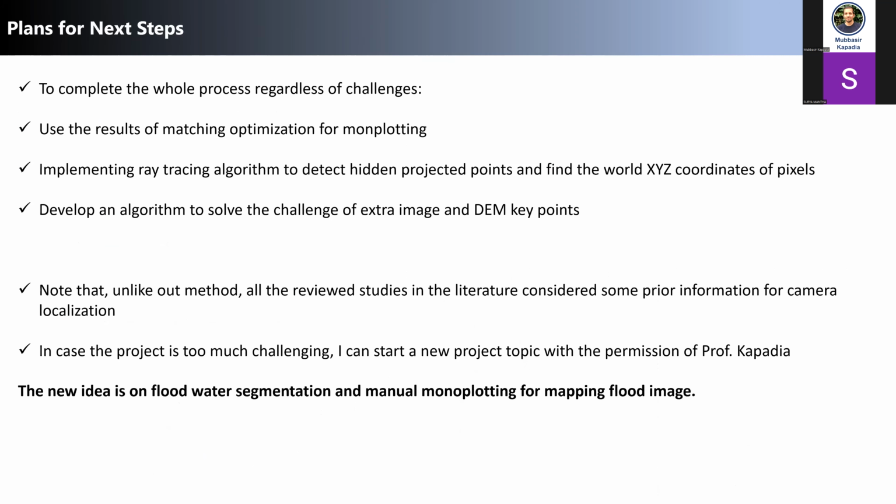So my plan for the next step is to complete the whole process regardless of the challenges, and also use the results of matching optimization for monoplotting by implementing a ray tracing algorithm to detect hidden projected points and find the world XYZ coordinates of pixels, and also develop an algorithm to solve the challenges of extra image and DEM key points.